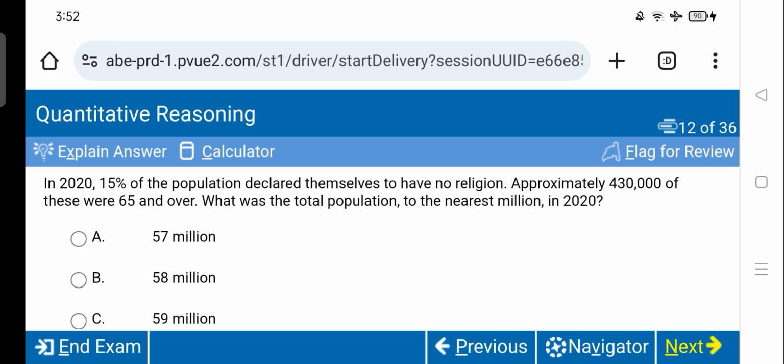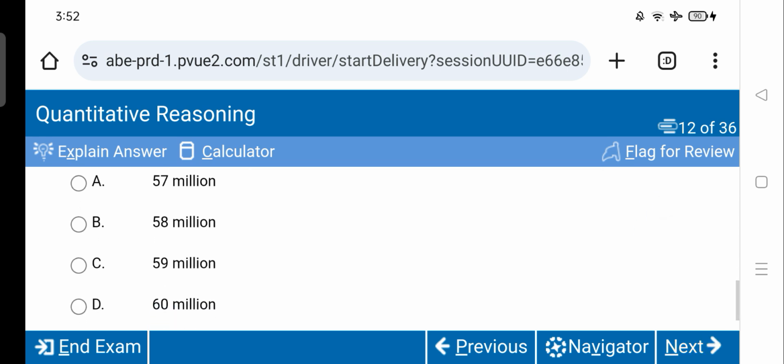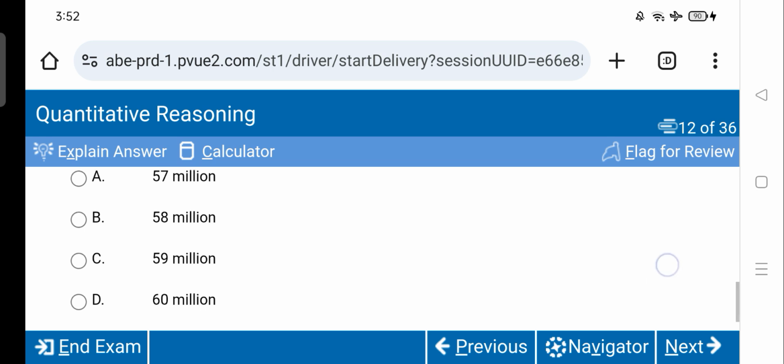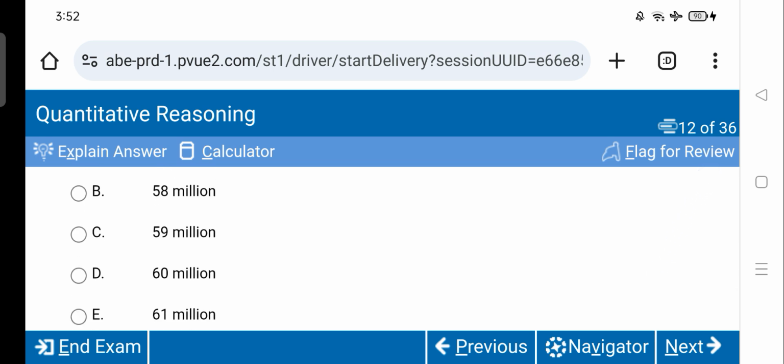So, what was the total population to the nearest million in 2020? Option A 57 million, option B 58 million, option C 59 million, option D 60 million, option E 61 million.